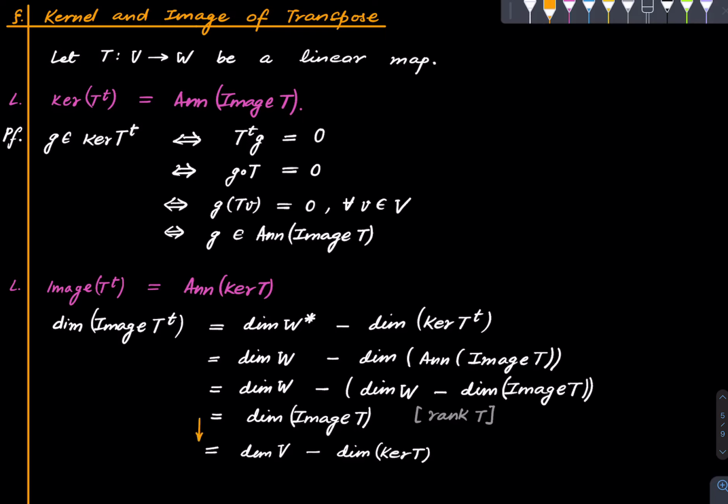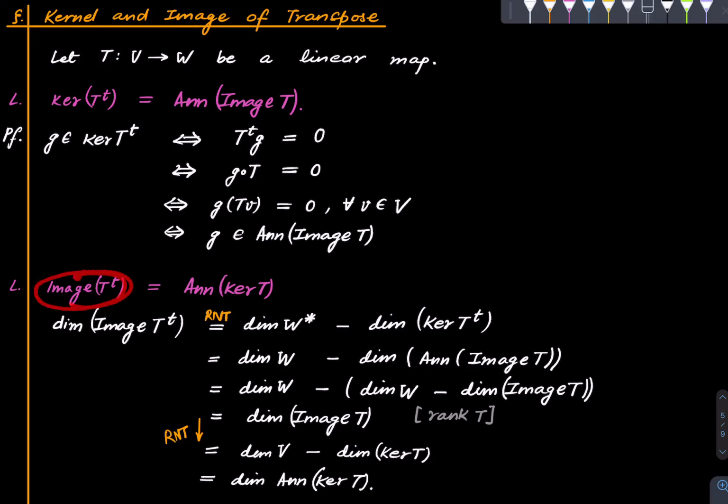So here all we did was use the rank nullity theorem. And even here this was the rank nullity theorem. Okay, but this is equal to the dimension of the annihilator of the kernel of T. So at the very least, the dimension of these two things match, and we would be finished if we can show that one is contained in the other.